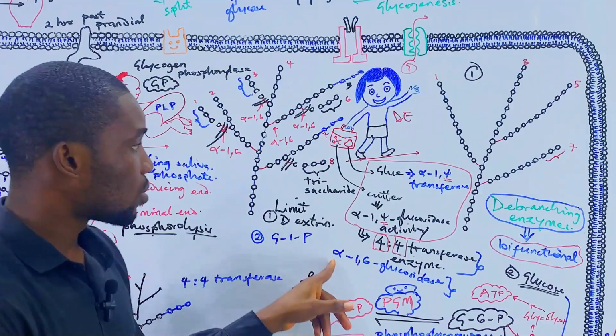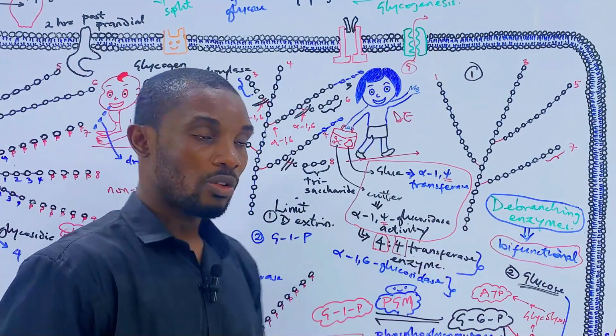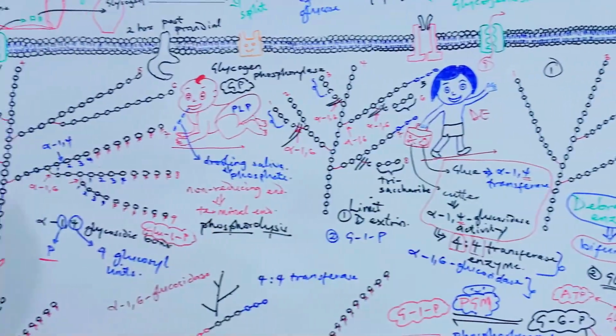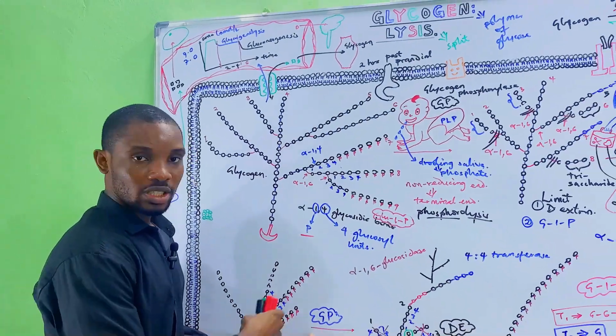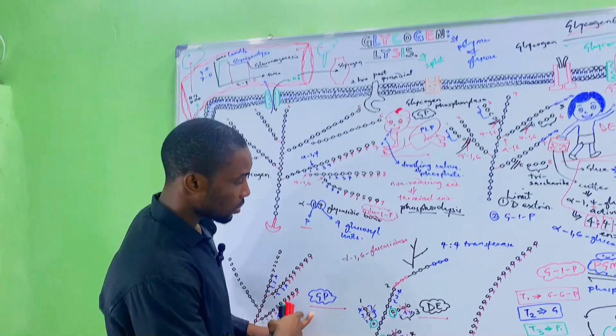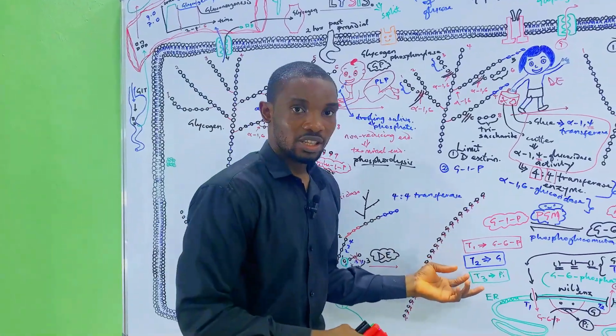To release glucose, which leaves through the GLUT2 transporter. So this same reaction occurs with baby GP coming over to act on the same molecule that the debranching enzyme just finished acting upon, and then after which the debranching enzyme now acts, and then baby GP now acts again.